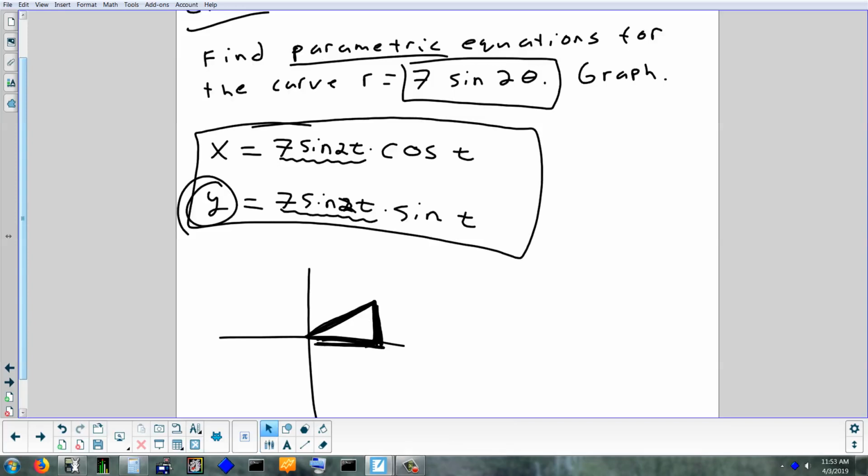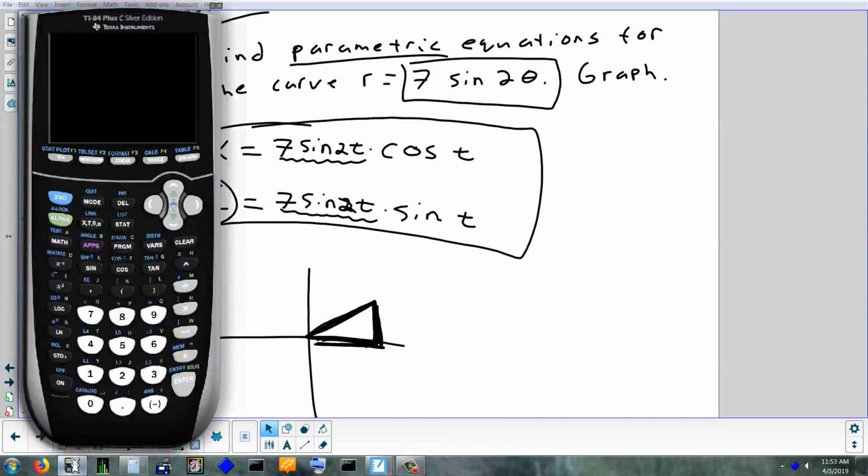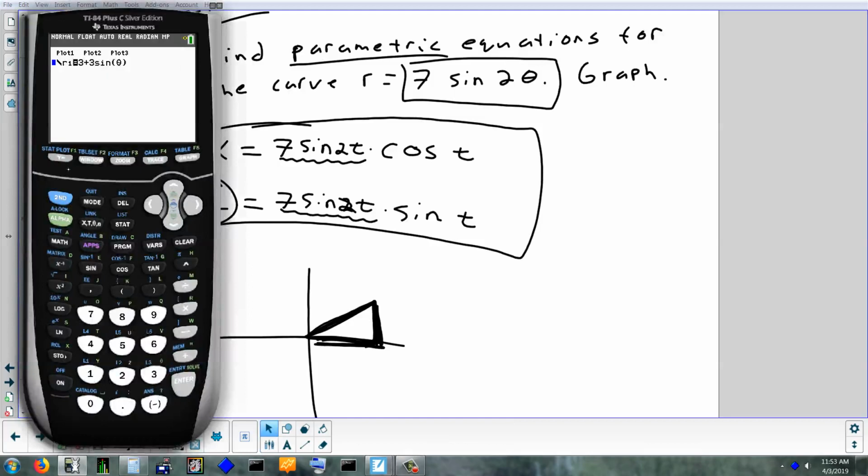So let's graph that. I'll do it in polar first because I'm already in polar. Does anyone know what this one's going to look like? 7 sine 2 theta. It's kind of an interesting one, a little too complicated to spend a lot of time on by hand. Basically, it's going to look like 4 petals.